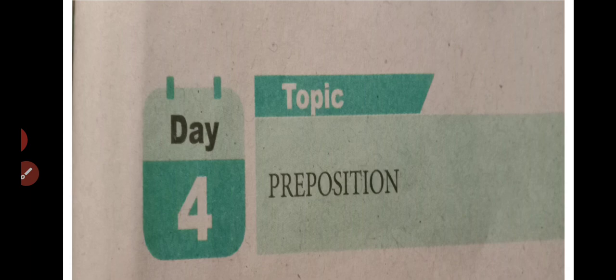Ramu is at home. Ramu is at home. Here what is the noun? Ramu is a noun. Where is he? He is at home. So in this sentence the word at is a preposition.